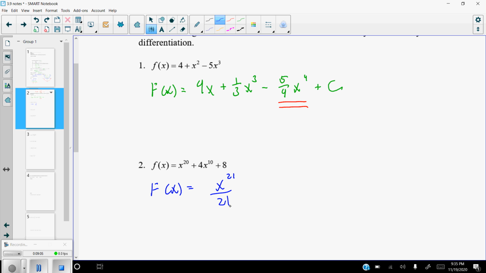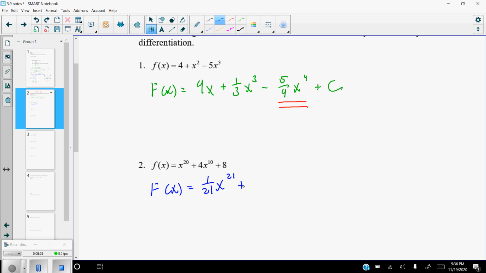Personally, I prefer not to do it this way. Dividing by a number is the same thing as multiplying by its reciprocal. So I prefer to write it out in the front as the reciprocal. So dividing by 21 is the same thing as multiplying by 1/21. Okay, those mean the same thing.